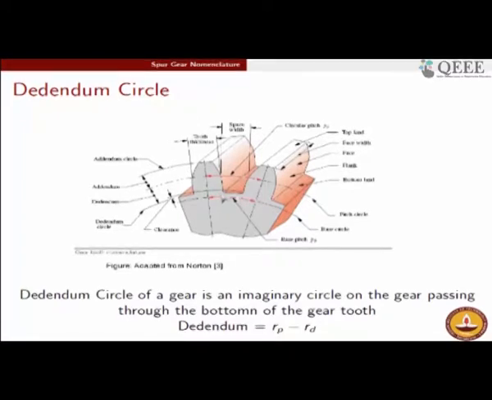The dedendum circle, as illustrated in this drawing, is an imaginary circle passing through the bottom of all of these teeth. Similarly, you can define the dedendum to be the radial distance between the dedendum circle and the pitch circle. So this is the dedendum circle, which is marked here, and this is the pitch circle. Therefore, this distance is the dedendum.